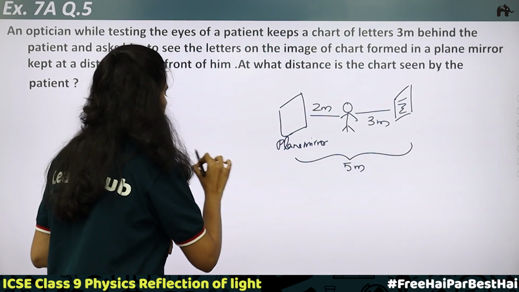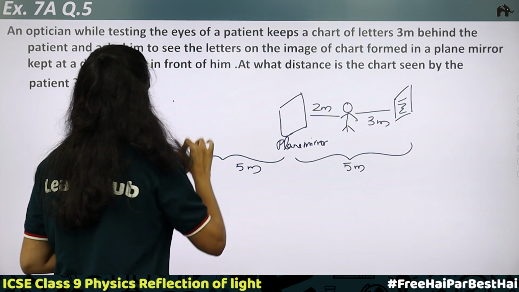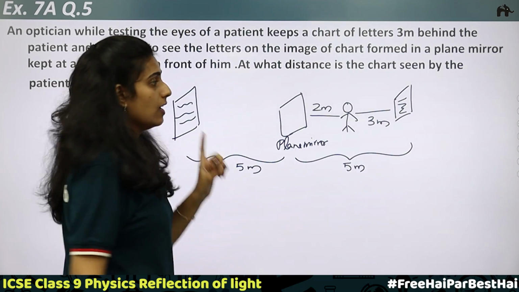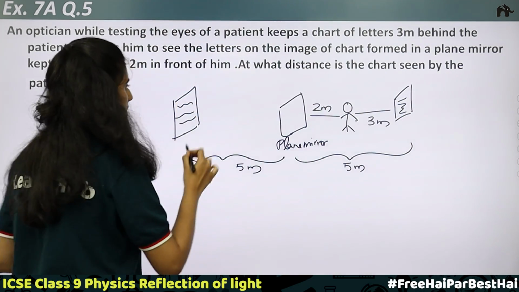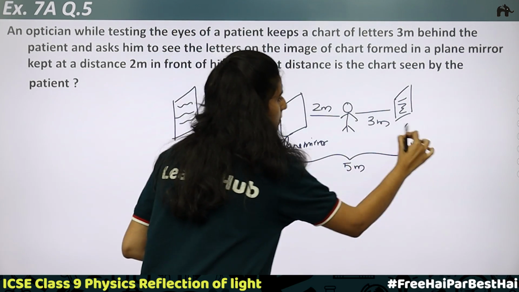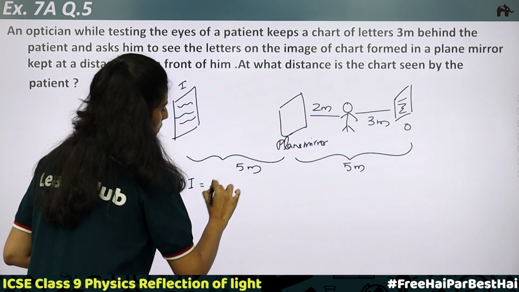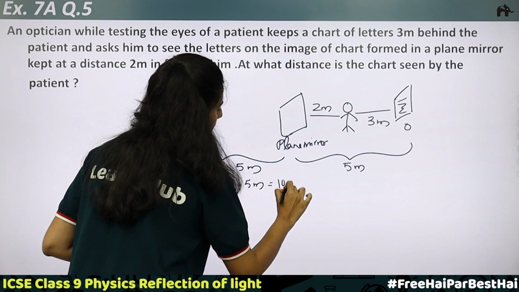The image will be formed at 5 meters from the plane mirror. Which means the distance between object and image, OI, is equal to 5 meters plus 5 meters, that is equal to 10 meters.